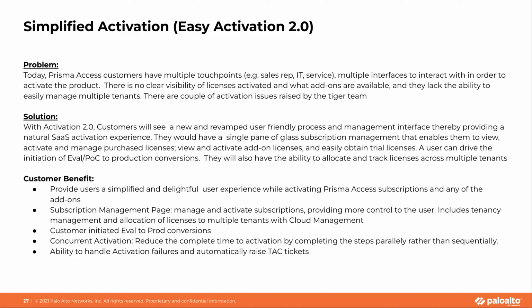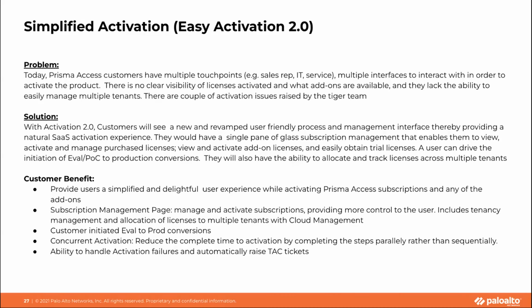A lot of these things will be done from one dashboard. And you can go from eval or POC to production conversions fairly simply. Those are the innovations and simplifications that we're bringing in to provide a more natural SaaS activation experience. So this will all be managed as part of Easy Activation 2.0.